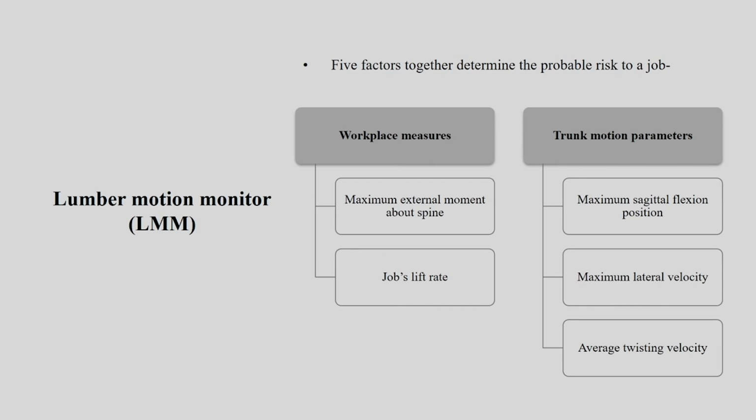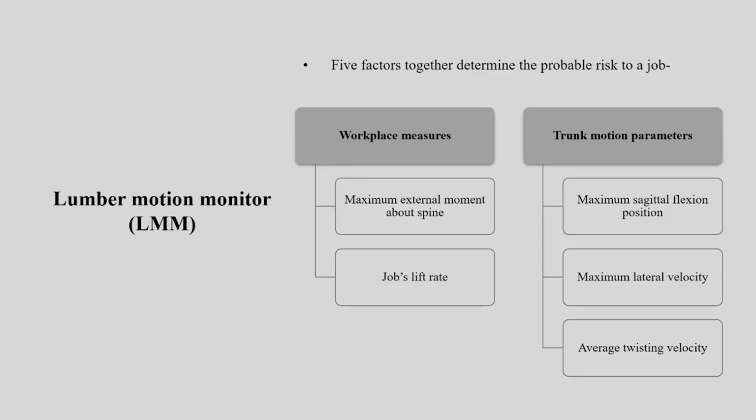What is the lifting rate? For the trunk motion, you have the maximum sagittal flexion, the position in the sagittal plane. What is the maximum flexion that is happening? Then maximum lateral velocity and average twisting velocity. Okay, so these are the 5 factors you are going to determine using the LMM.